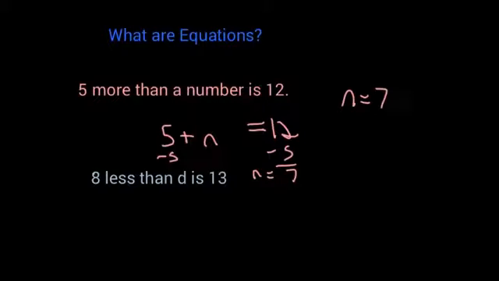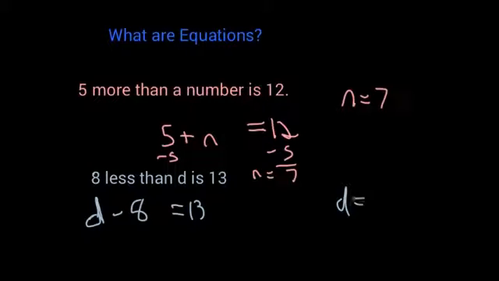Alright, next one we have 8 less than d is 13. So "is" 13, so we have equals 13. And then 8 less than d. So to take 8 less than something, you have to start with it. So you're going to have d minus 8 equals 13. So again, you can think about what number we subtract 8 from and get an answer of 13, and that would be 21.